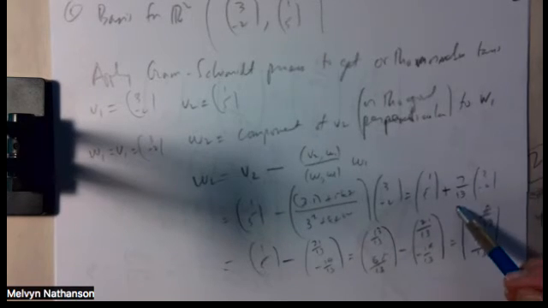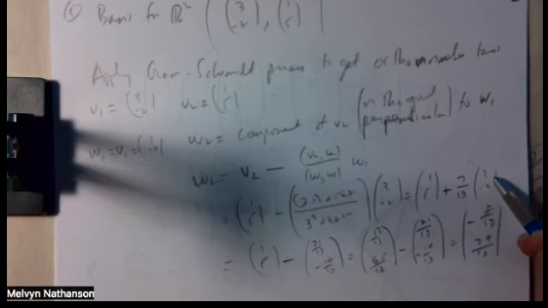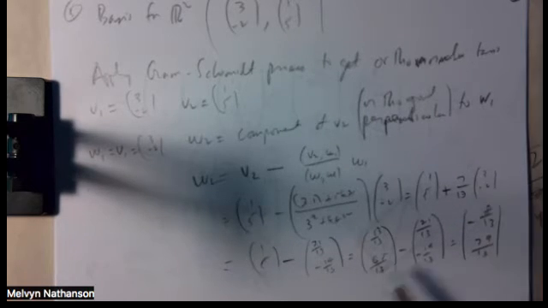So it's minus 7 over 13, which is plus 7 over 13 times the vector (3, -2). So that's 21 over 13, minus 14 over 13.